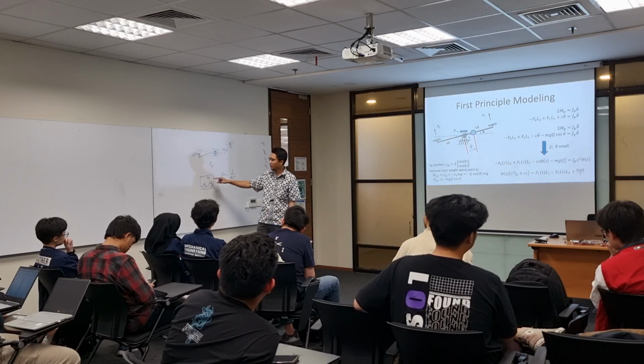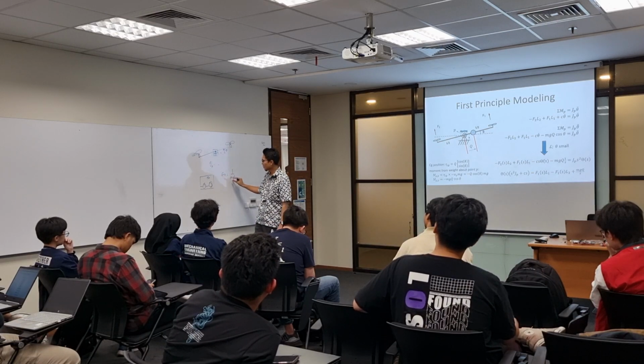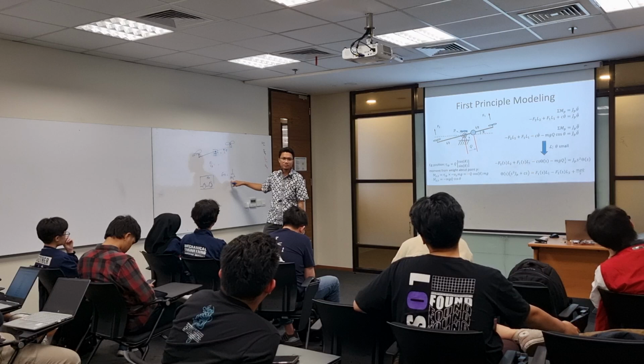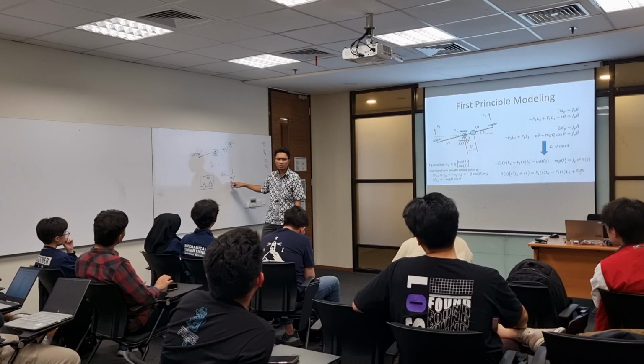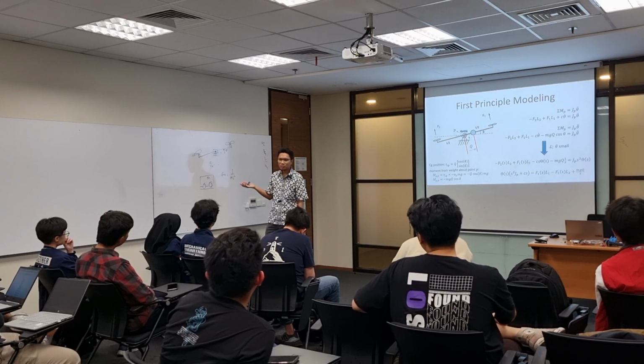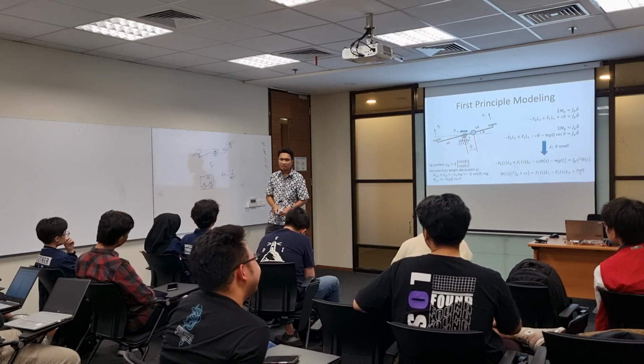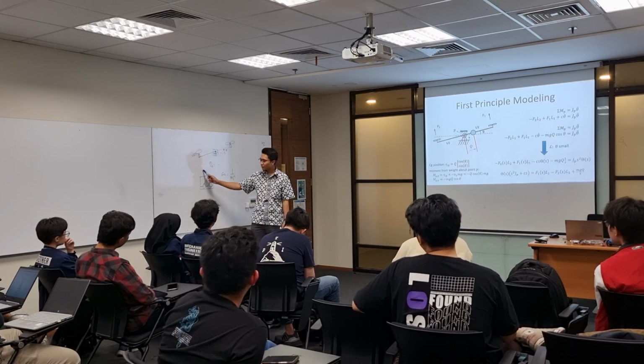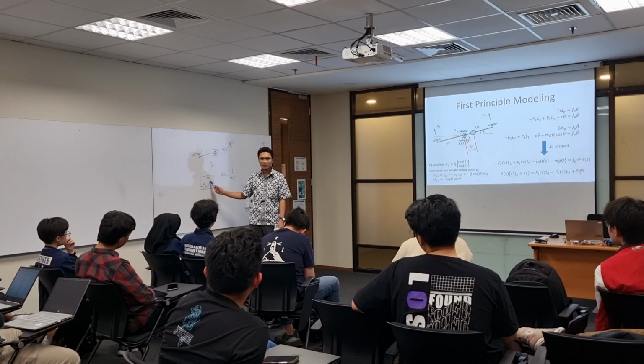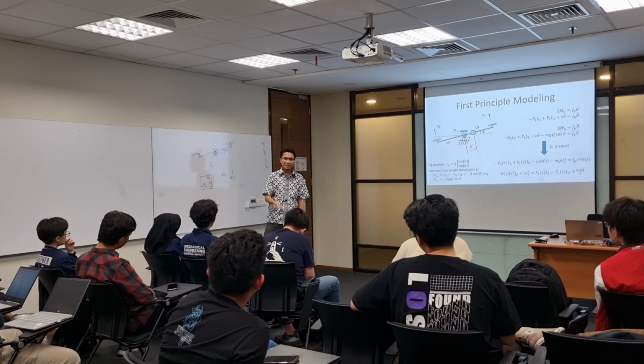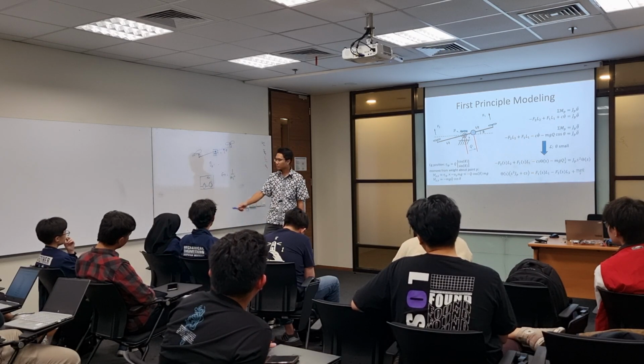So what's the problem if you put this mass into the plant? Don't you think there is a problem? What type of instrument do you use to measure the mass? Scales. Does it have error? Yes. So the mass you put here, is it the exact mass?